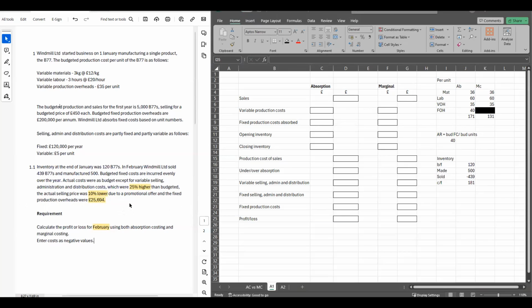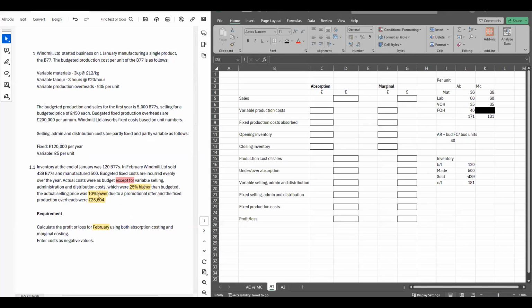It's a really important area of the information we're given, particularly the bit where it says except for, because once you see that, you know these are the three things in this question that are different from your budget. Everything else was as per the budget. It's a really, really important thing to pick up on exam day.